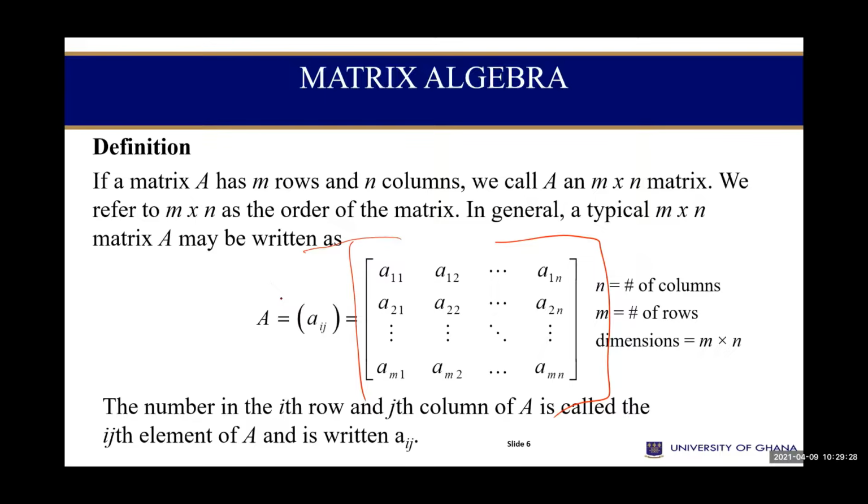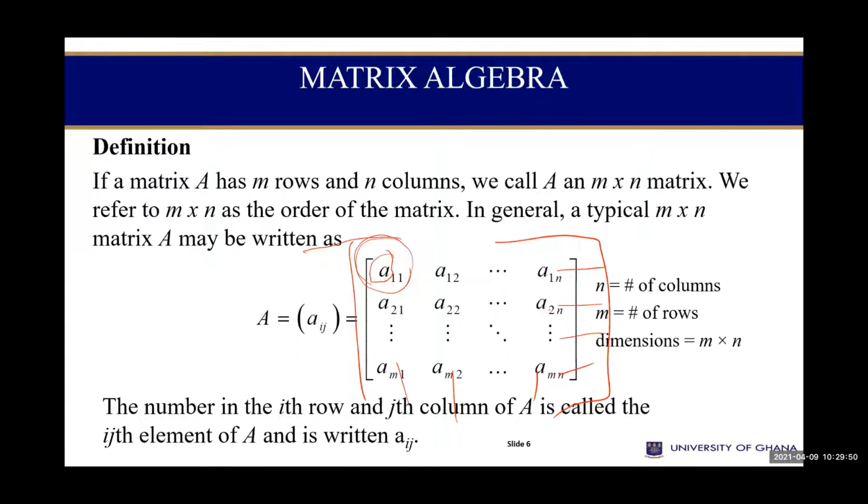So if I have an element A at this space, I should be able to tell which row and which column I can find the letter A. We've agreed that these are rows, and these are columns.